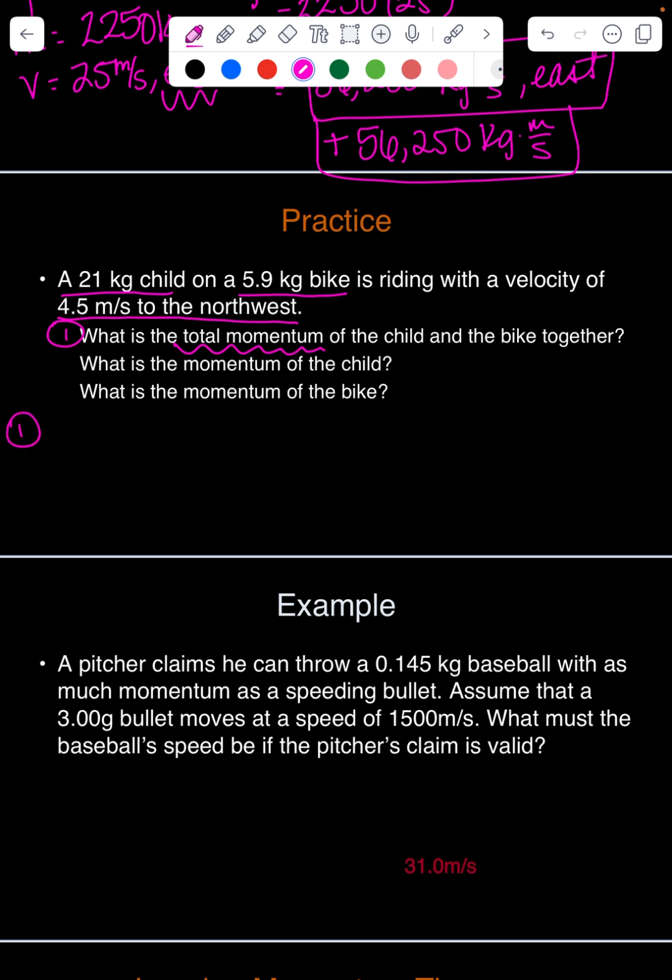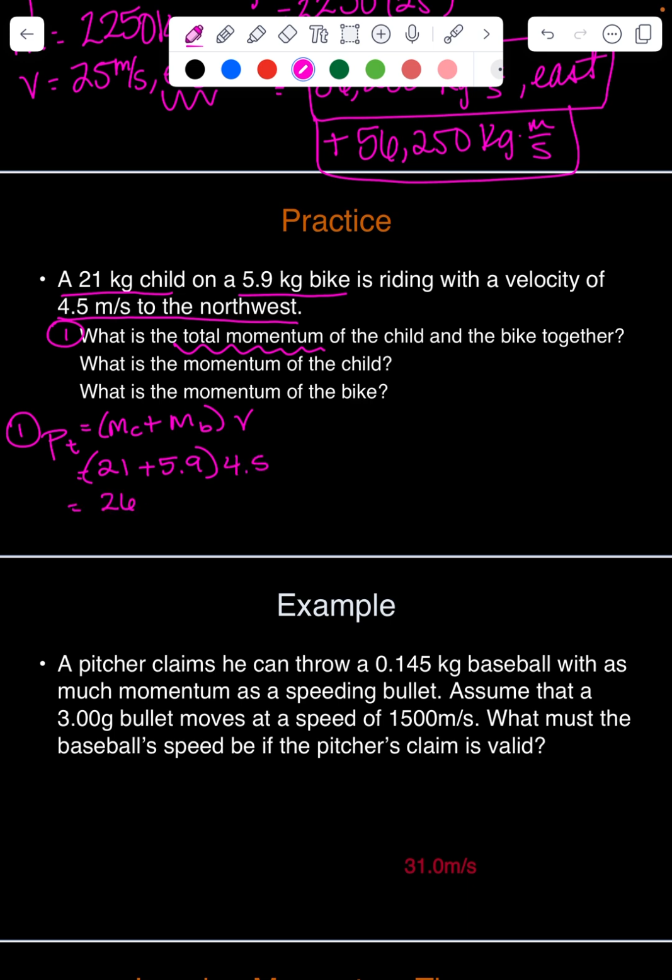Well, if we're looking for the total momentum, we need the total mass. So to find the total mass, we're going to have to add the mass of the child and the mass of the bike. And then we know that the child and the bike are acting as one, so their velocity is the same. So we're going to have that 21 plus 5.9 times 4.5.